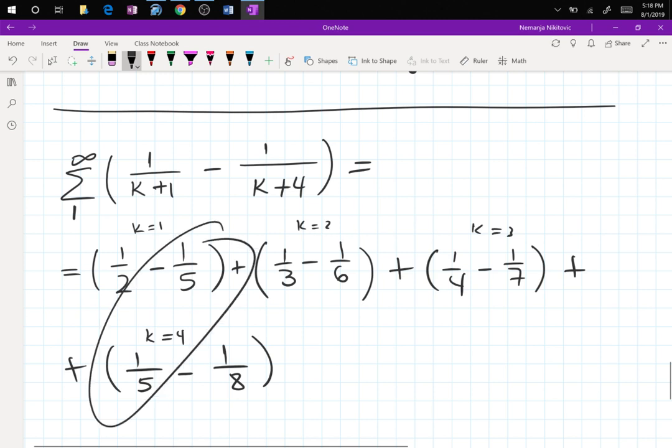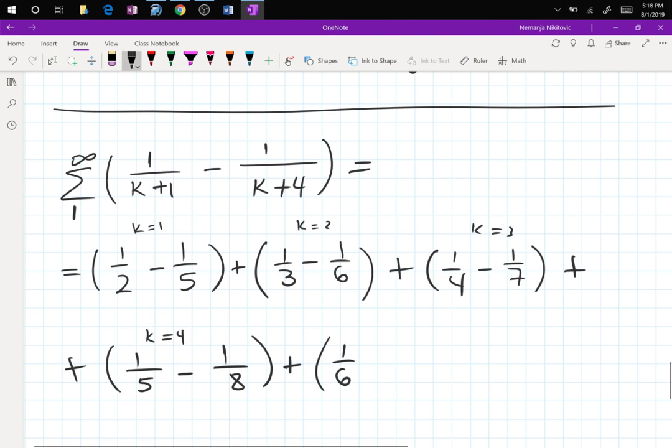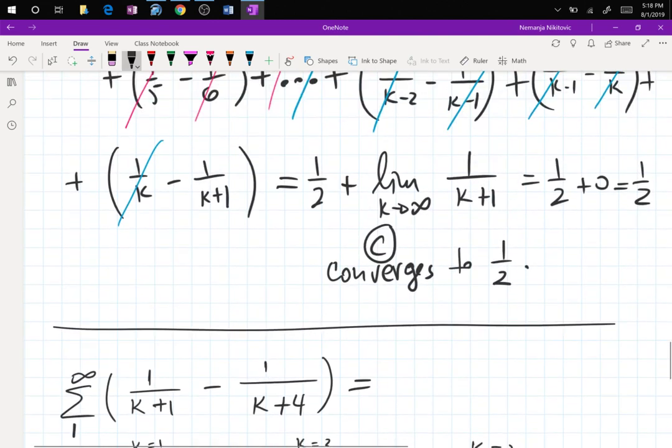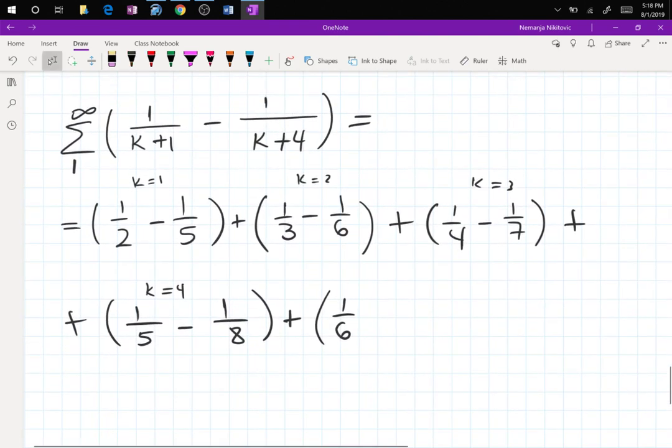Finally. Plus, I have to keep going, 1 over 6. That was right here. So it's 5, yep, 1 over 6. So for k equals 5. And minus 1 over 9, right?